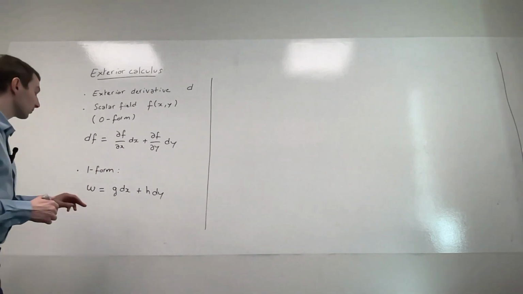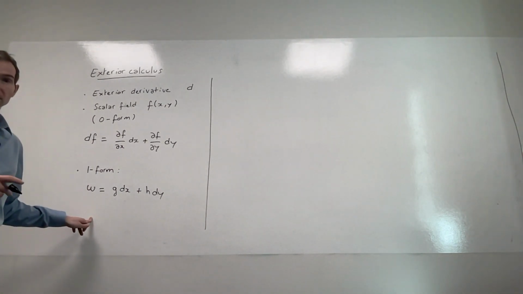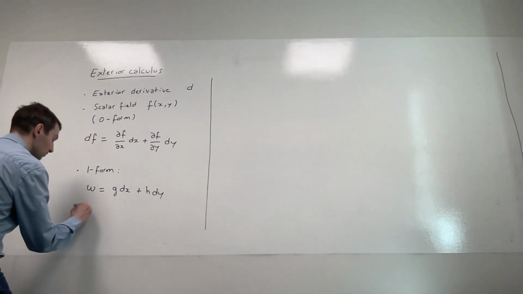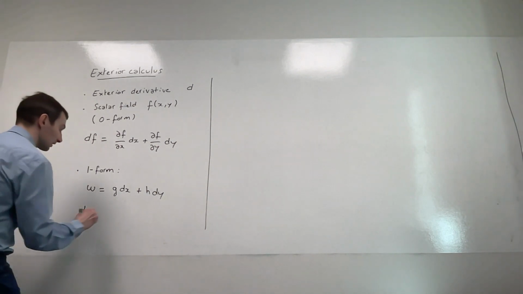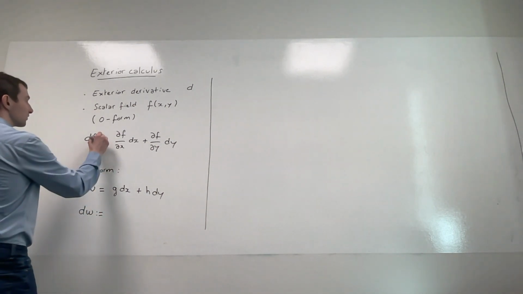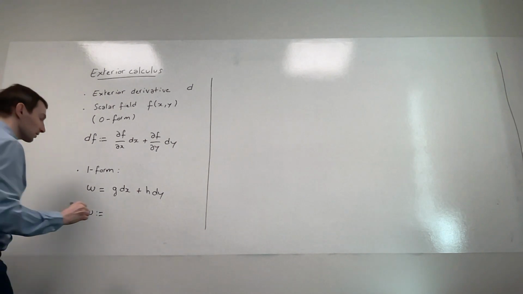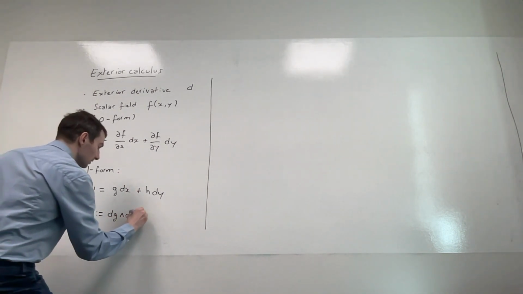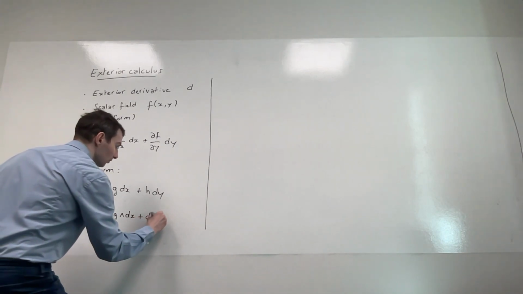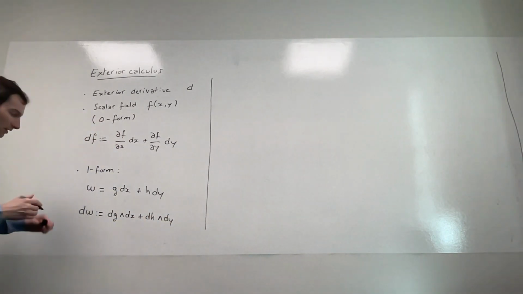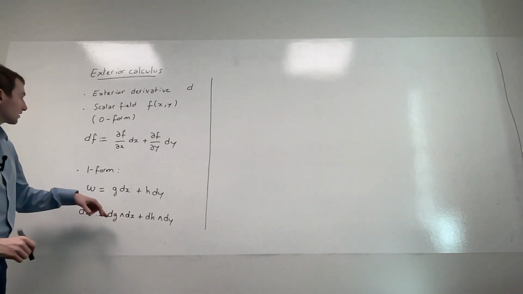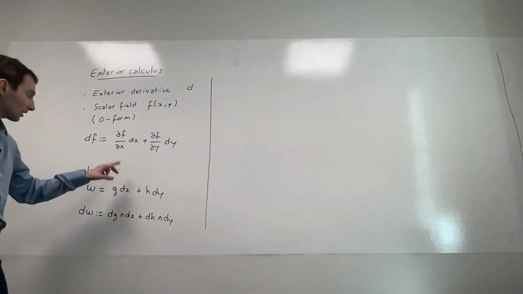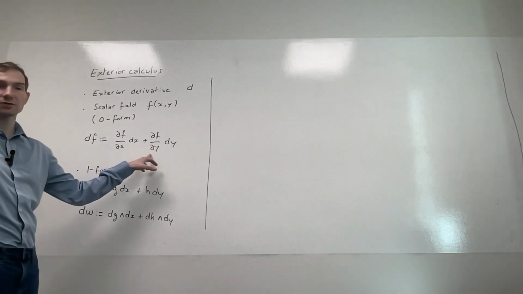Now you can define the derivative of that in the following way. The exterior derivative of omega is, by definition, equal to dg wedge dx plus dh wedge dy. Here g is considered a scalar field, so I can use the previous definition, and likewise dh is used as a scalar field.